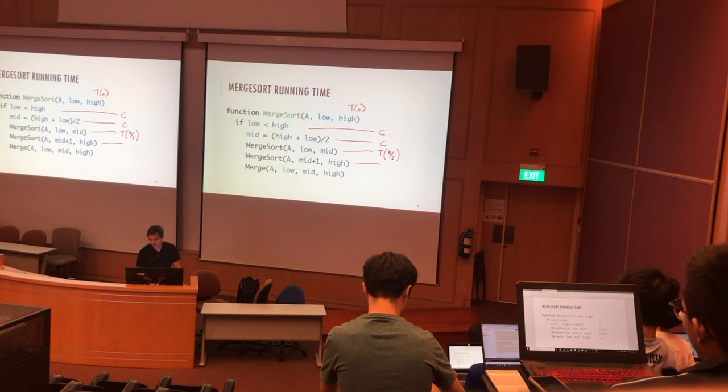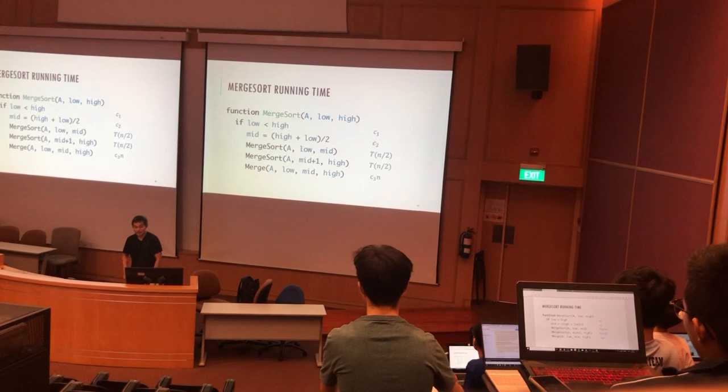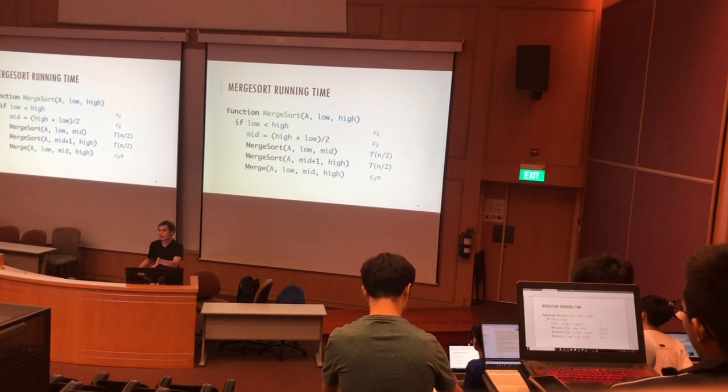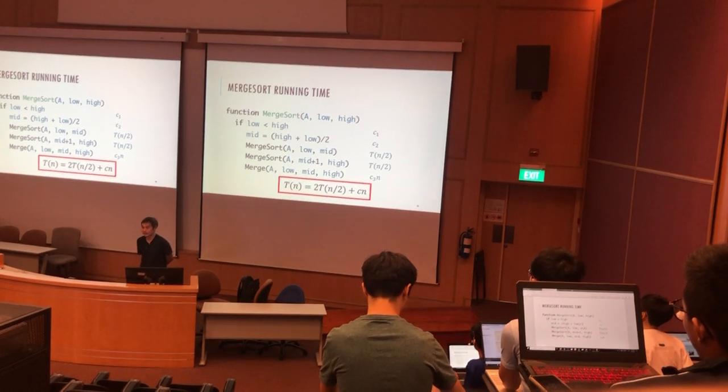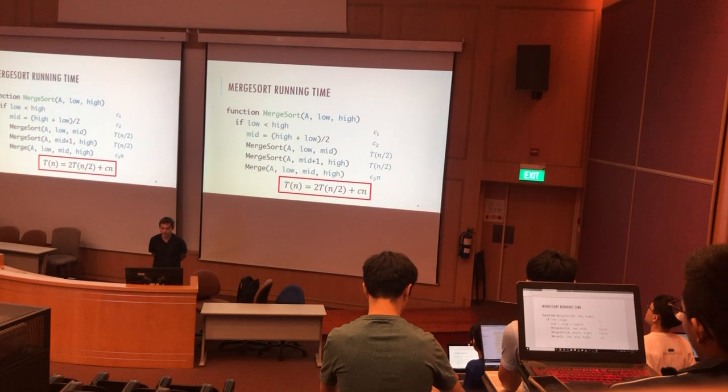What goes in there? What goes in here? n. Okay? So that's what it looks like. If you add all this up together, you get something that looks like this. That's going to be your recurrence relation.